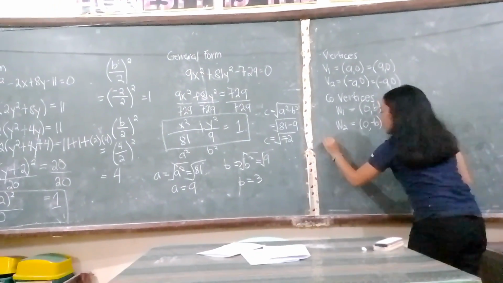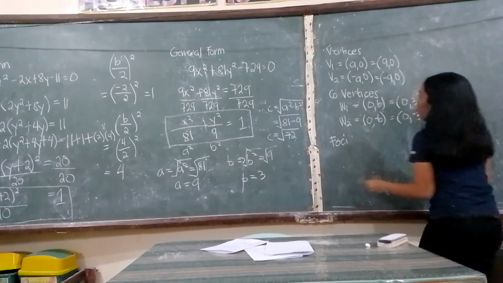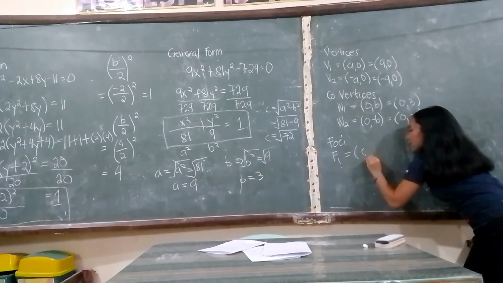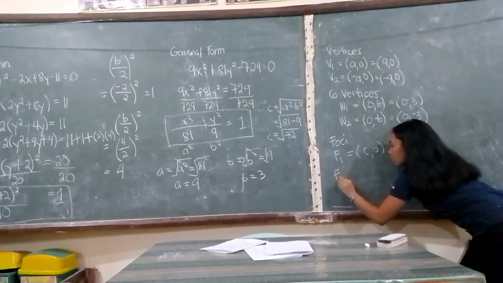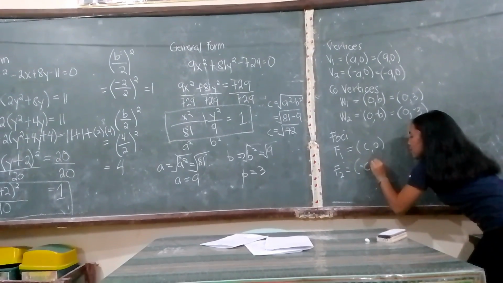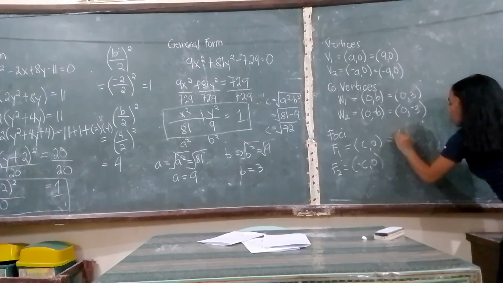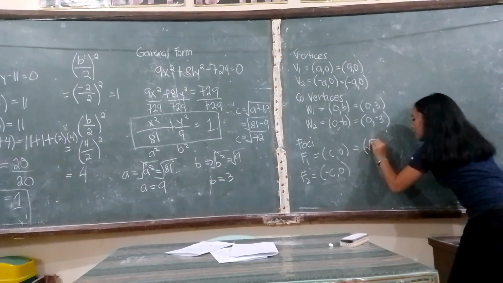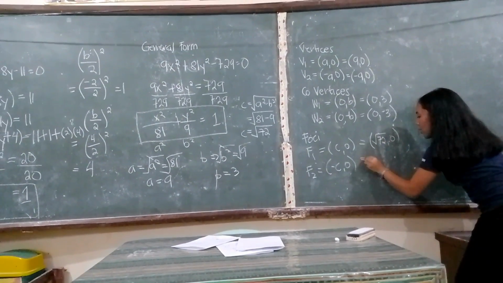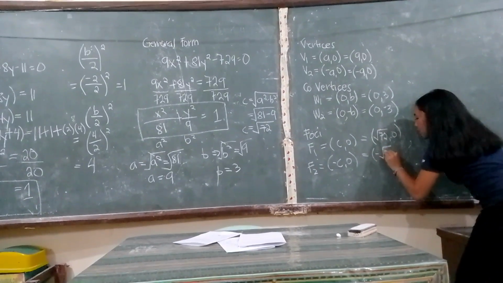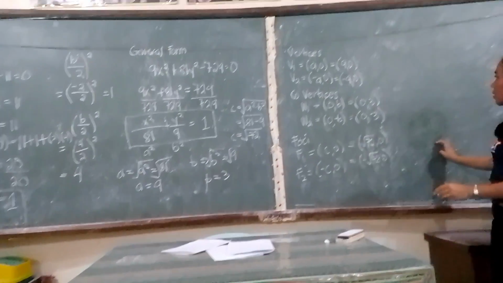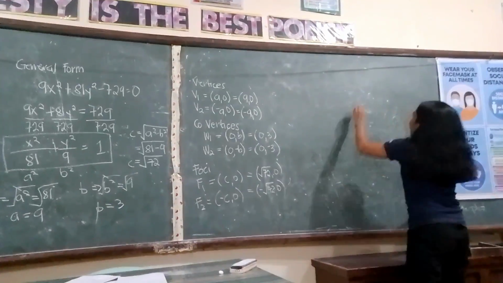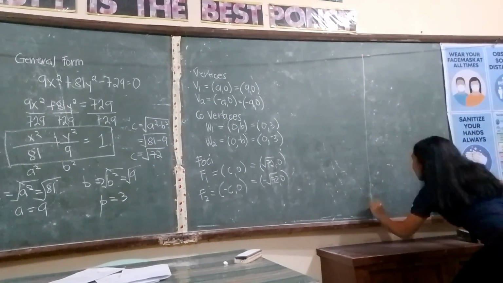For our foci, we have f sub 1 is equal to c and 0. F sub 2 is equal to negative c and 0. Therefore, our c and 0 is square root of 72 and 0, and negative square root of 72 and 0. Okay, since we have these coordinates, we can now plot it in our graph.